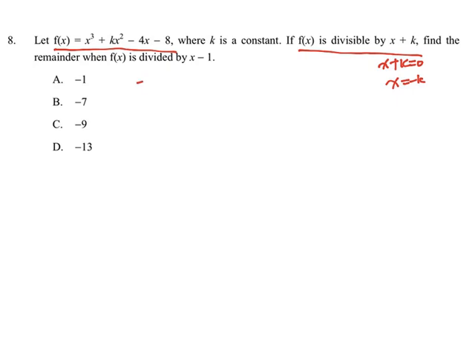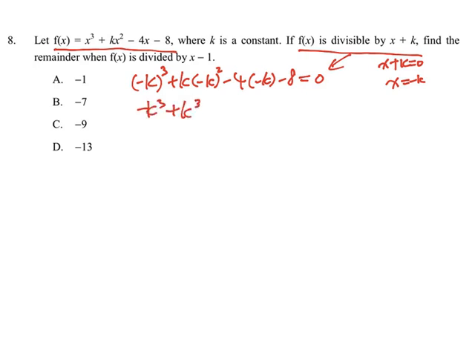So let's substitute negative k power 3 plus k times negative k square minus 4 times negative k minus x equals 0 because divisible. So it becomes negative k cubed plus k cubed plus 4k minus x equals 0. Luckily, the cubes cancel. So 4k becomes x, becomes 2.